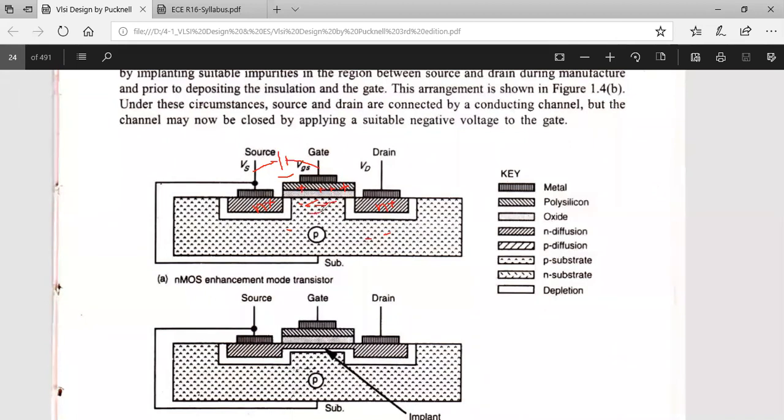So the holes which are present in this particular region get depleted, they got deflected, we can say. And only some amount of electrons will be present here.